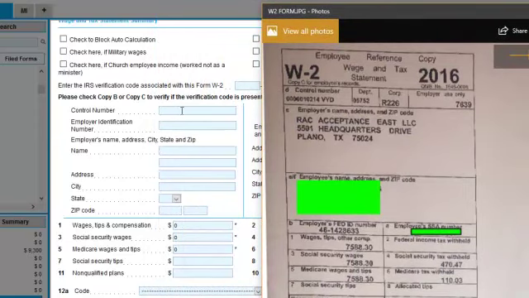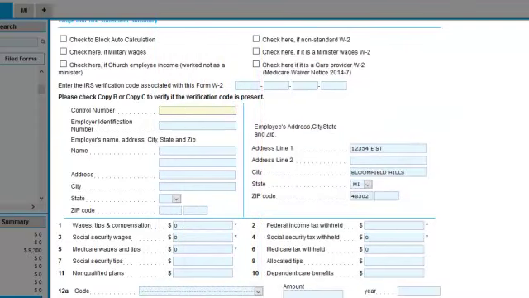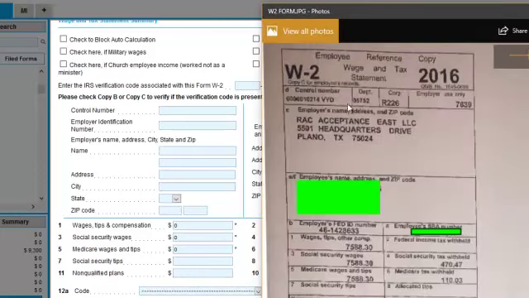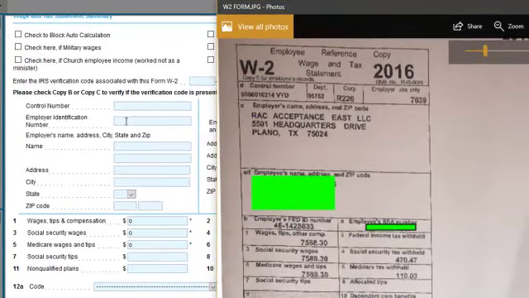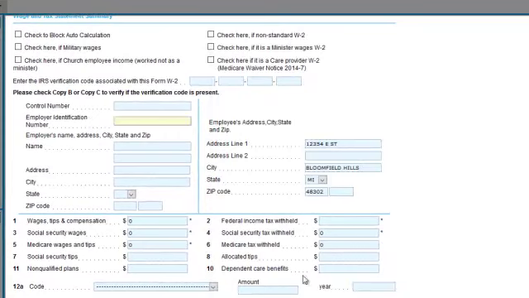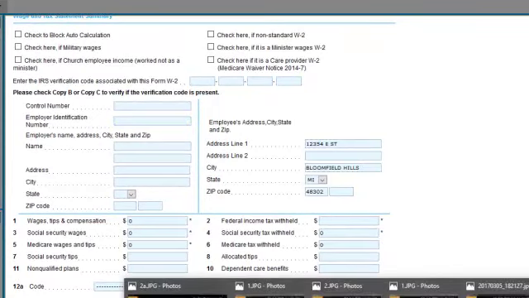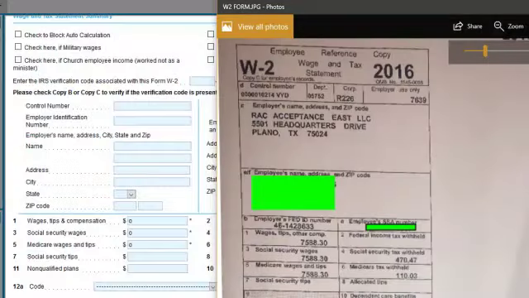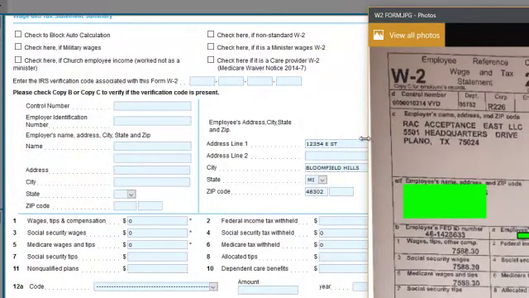You don't really have to put that number in. The name has been blotted out. The employer EIN number has to be put in. Keep clicking that out. The rest of this information will be populated automatically.